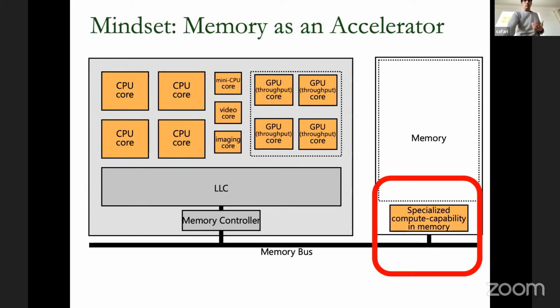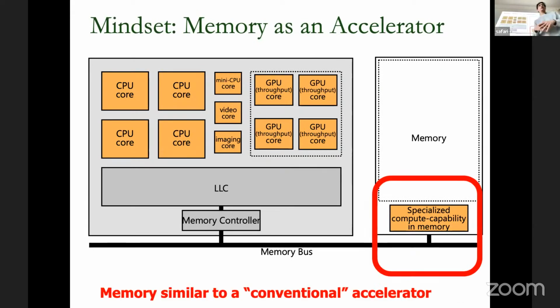Instead of considering memory as just a passive device that keeps data and is there for the processor, the CPU or the GPU, to go through the memory bus and request data from the memory, we should consider that memory can now have the ability to compute in different ways. And that's what we are going to see today in this lecture from now on.